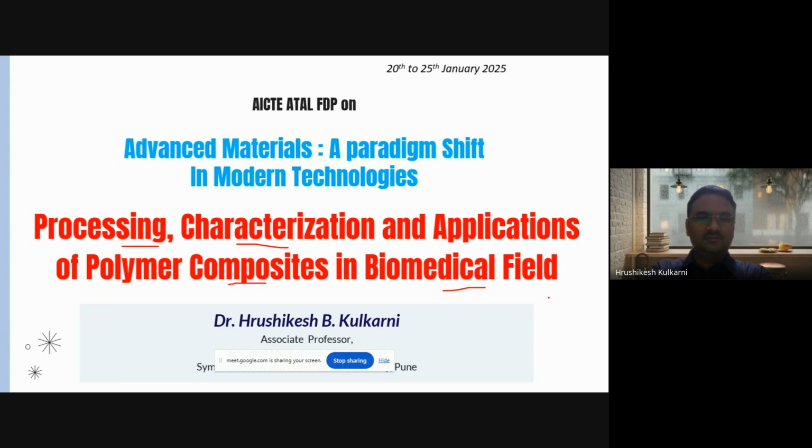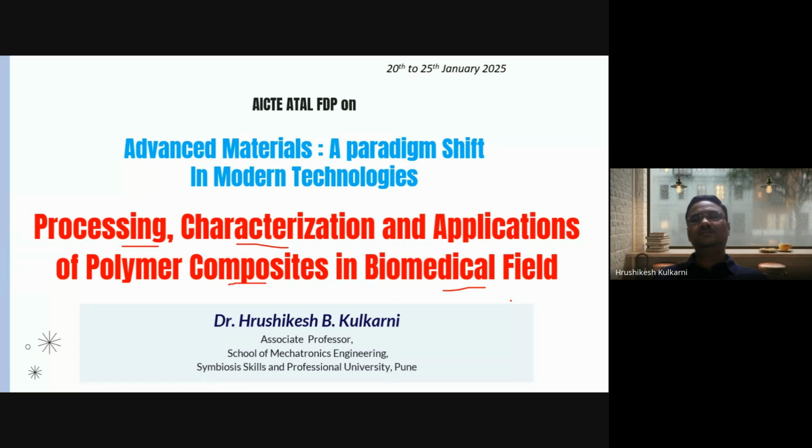Faculties from mechanical engineering and civil engineering are focusing on applications in their specific fields. But the most popular area, where people can start their business, do their research, and get more citations, is the biomedical field. In medicine, these polymer composites have widespread application, but this is not focused on by us.